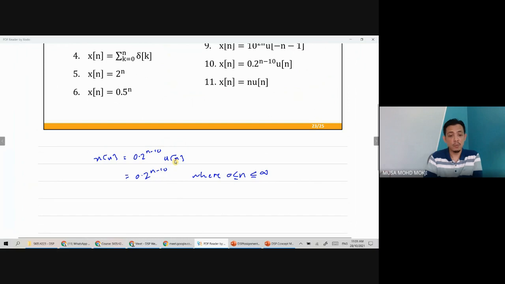If we remove un, we can conclude that this is 0.2 to the power of n minus 10, where n is from 0 up to infinity.